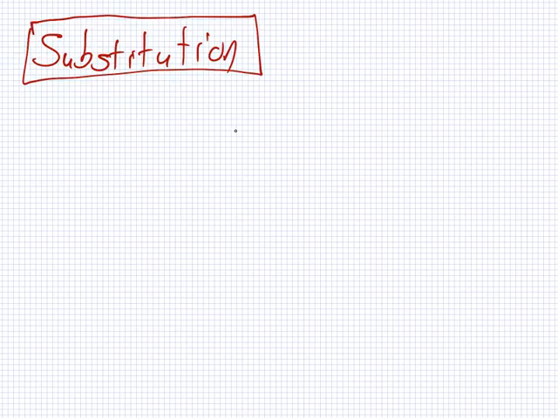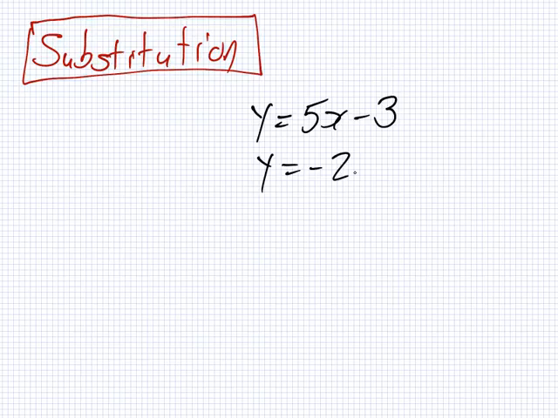Okay, this is the first real method. So substitution, the idea is this. Here, 5x minus 3 is equal to y.